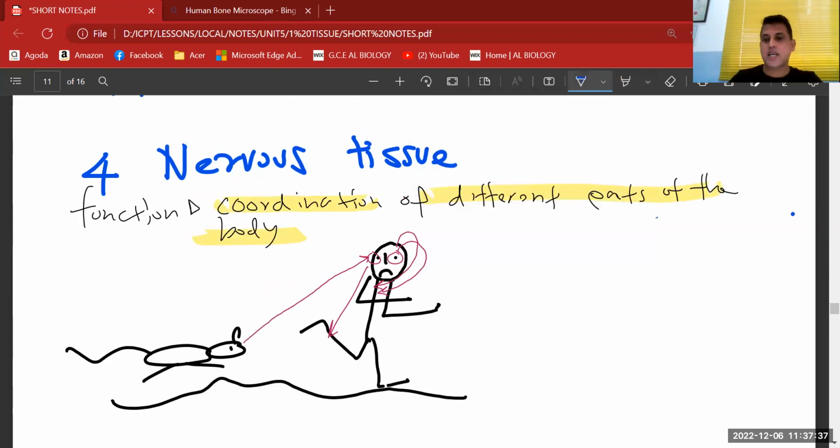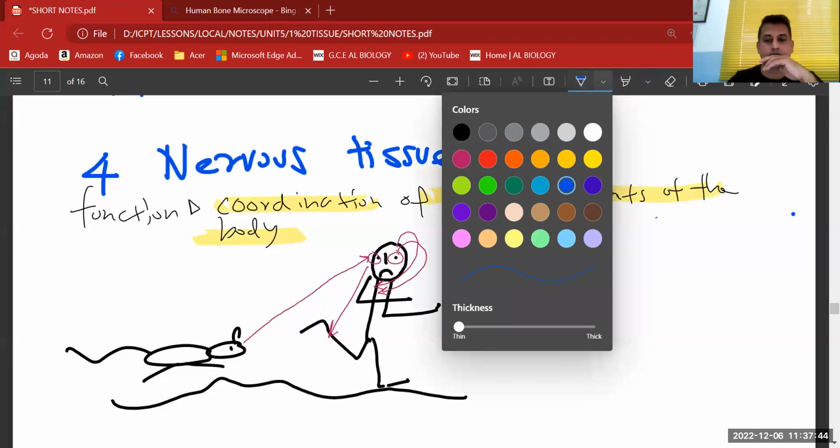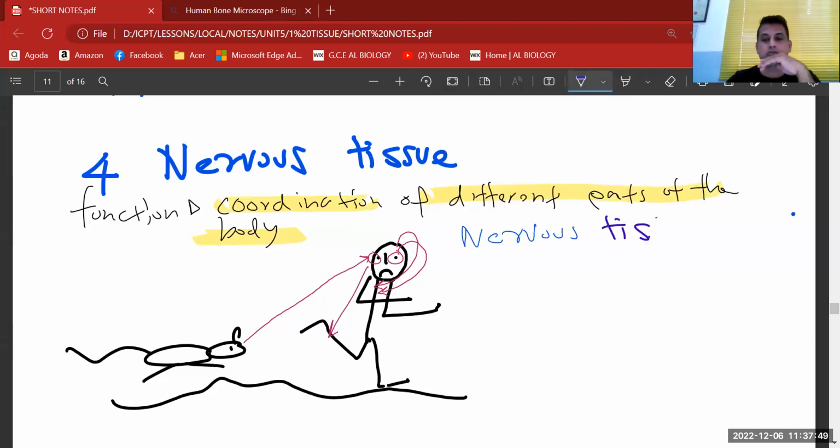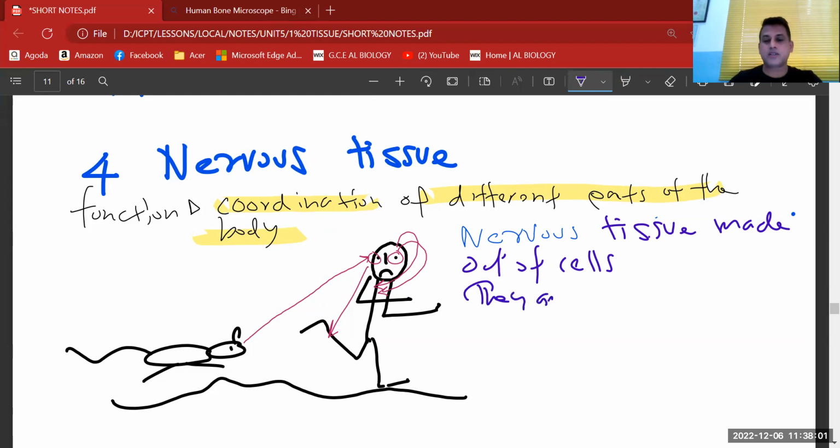So we should also understand a tissue is a collection of cells. These cells are called neurons.